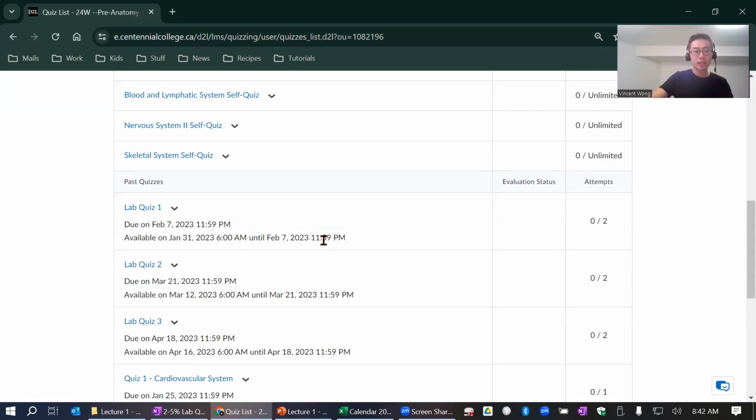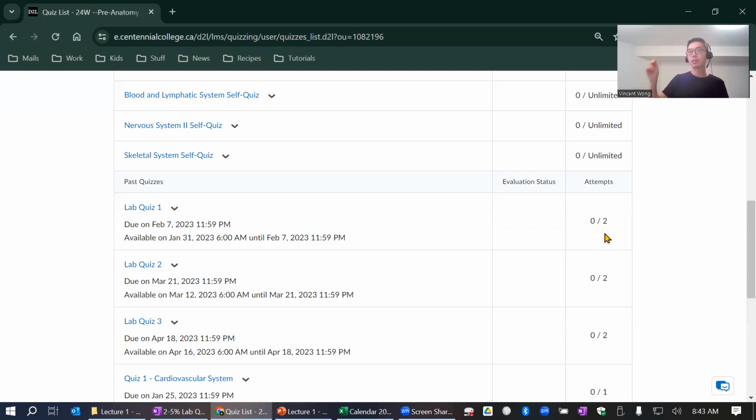And I structure it in a way that you can do the lab quiz 2 times, and it will only record your best grades. So if you do it the first time, you get 75. You study more, you try again, and then you get 80, right? Or 90, right? Then the marks that are being recorded will be the 90%.